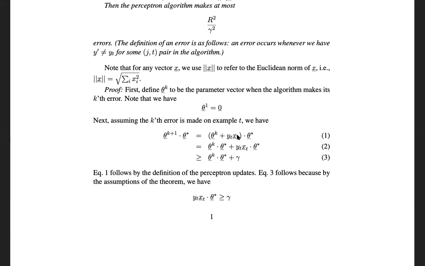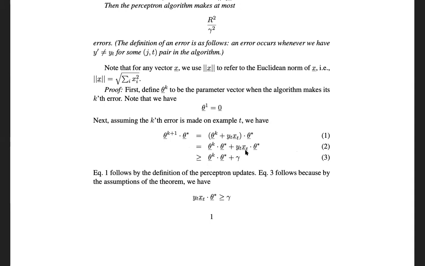I was updating it accordingly. And that dot theta star is theta k dot theta star plus the second term. I'm just opening up, right? You can see my cursor here, right? So the first one is whatever was there before. The second one, let's see here.